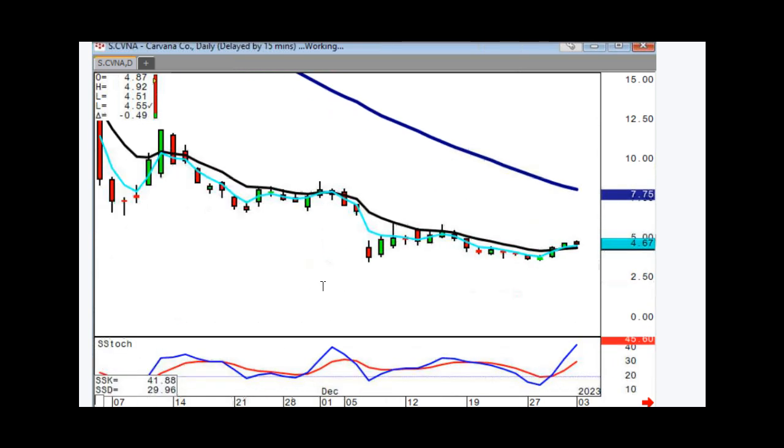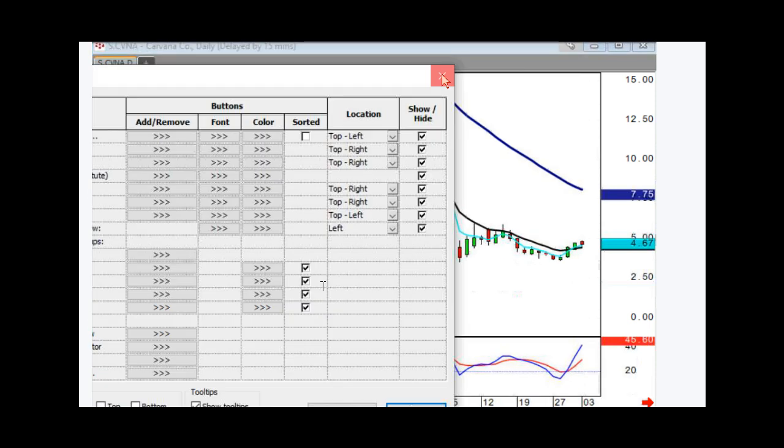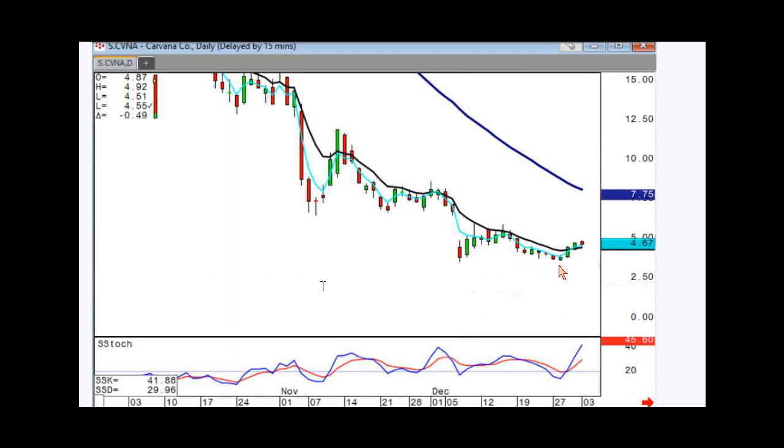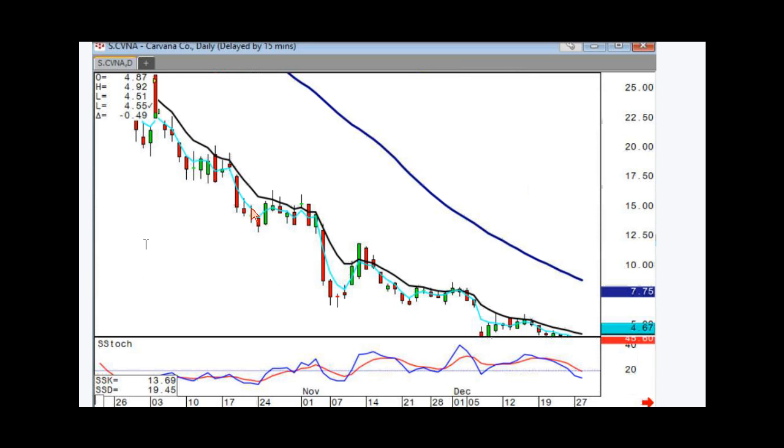But Carvana came from 375 all the way down here to the $4 level. And most of the time, if you got out of it, you could re-short it because what was the most compelling evidence that this was heading down? The downtrend.